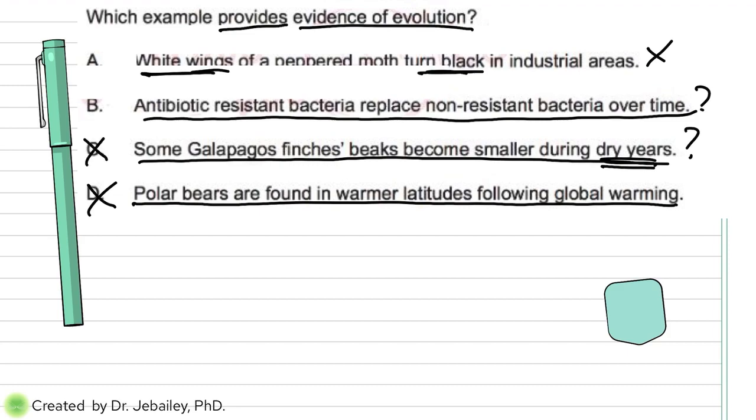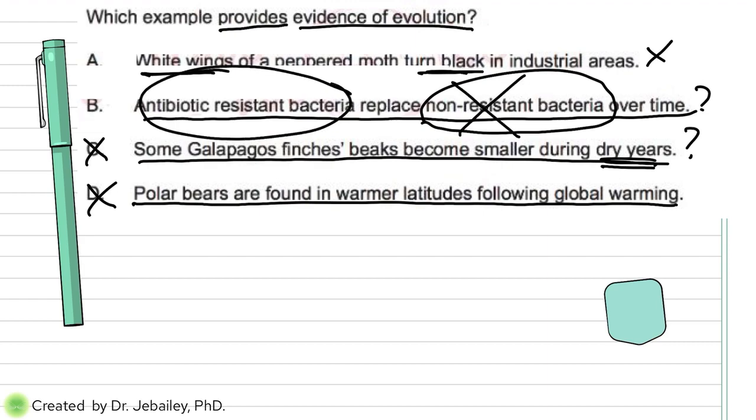With antibiotic resistance replacing non-resistance, you used to have non-resistant bacteria, then this disappeared and this is the new one. This is showing the evidence: you went from being non-resistant to resistant, so there's a full change. It's not like one year is dry and the next year is wet. You literally replace these guys. So the answer is B.